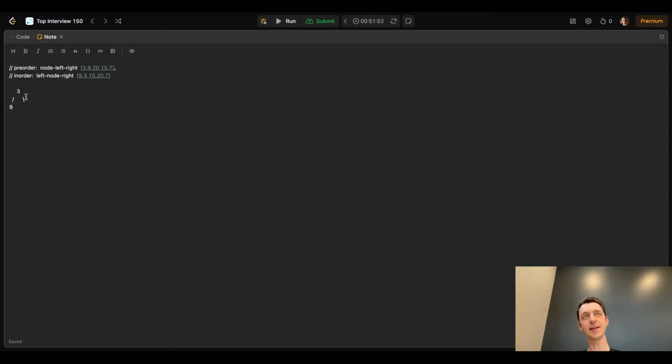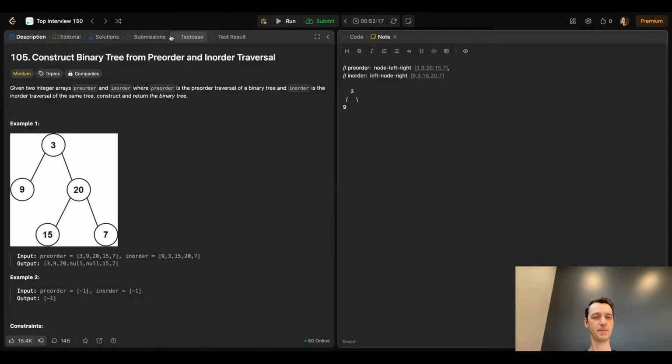So from this, as a human, I can see that 9 doesn't have kids, 9 is a leaf, 3 is its parent, so that means that 20 is a right child of 3, right?